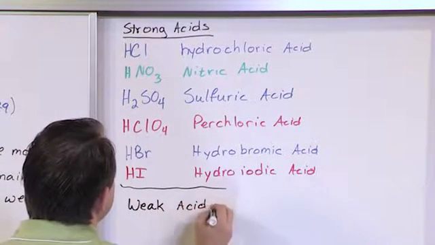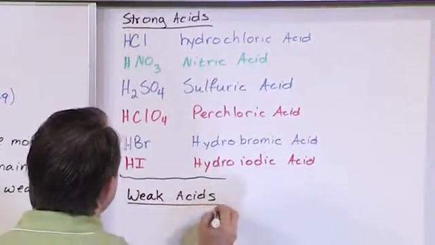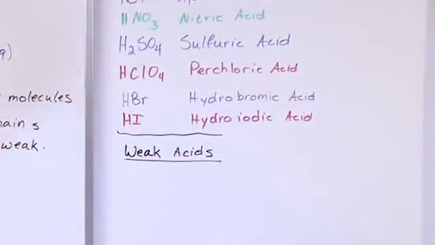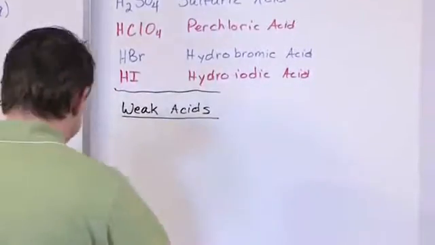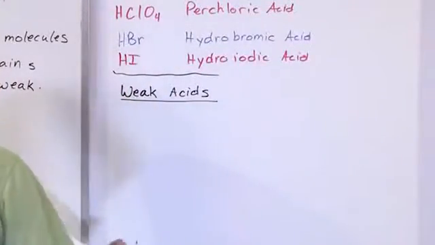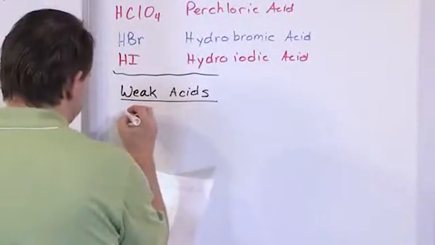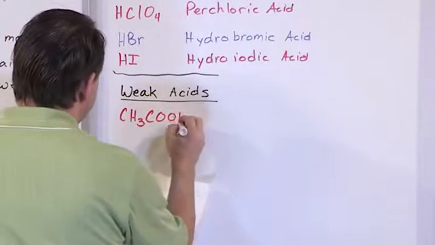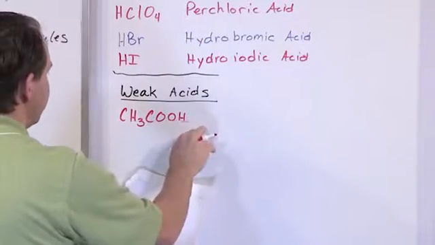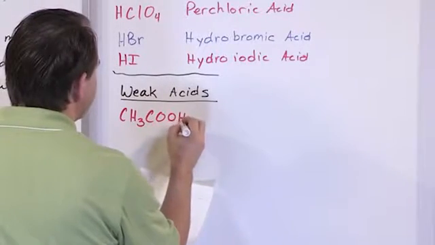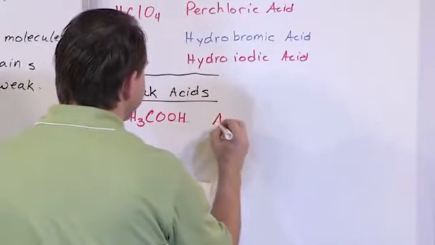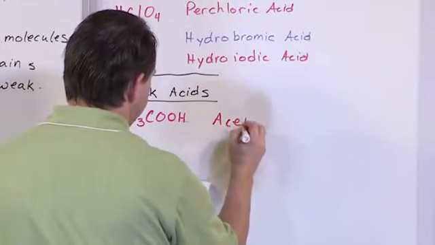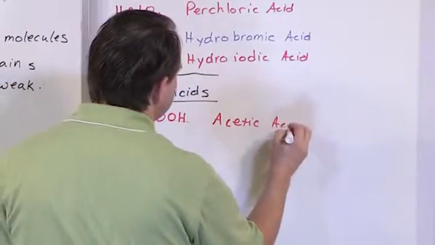Now these are acids that are also pretty common, but they're just not quite as strong as the other ones. So these are ones that you'll actually see quite a bit in your chemistry classes as well. So here's one, CH3COOH. I call it CH3COO, right? CH3COO. And this is acetic acid.